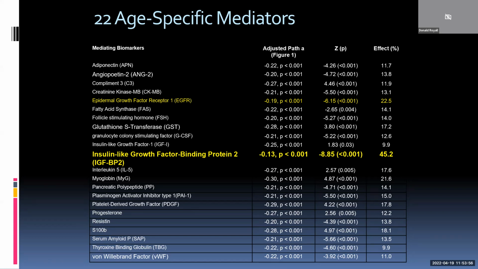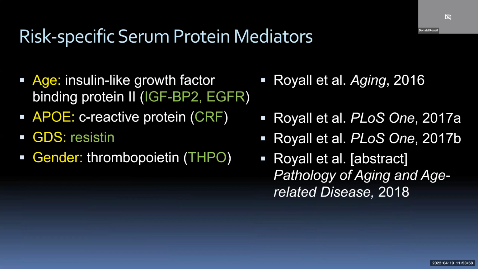So we've done similar models and published them for several different dementia-specific risks for age, ApoE, GDS, and gender. And in each case, you get a different set of biomarkers, which are empirically mediating the unique effects of each of these risk factors on dementia severity as measured by D. So we get different sets of largely non-overlapping blood-based protein biomarkers.